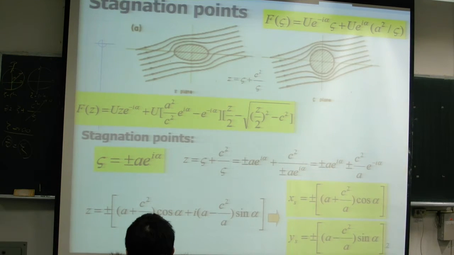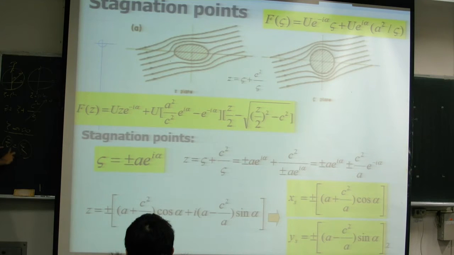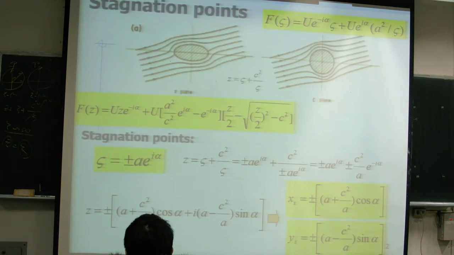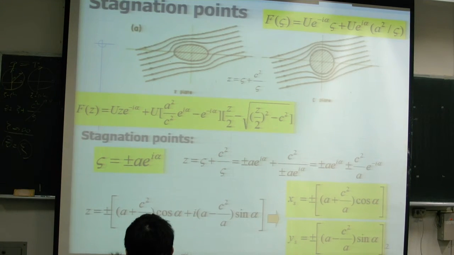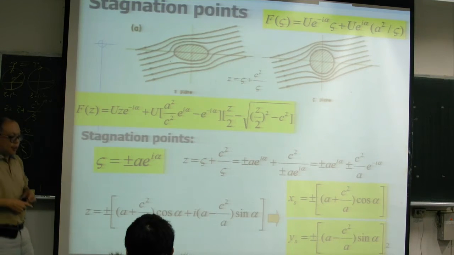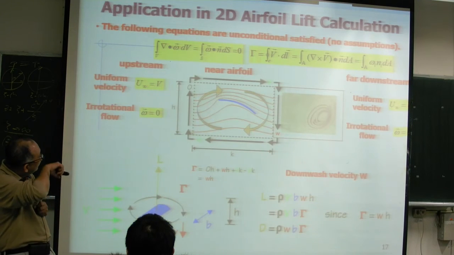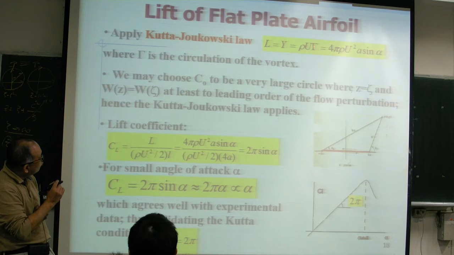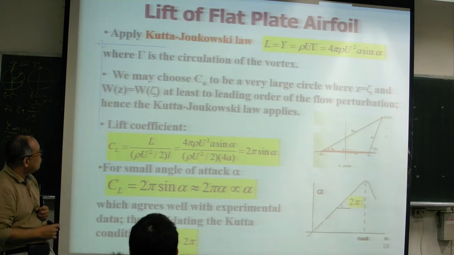When zeta approaches infinity, z is almost exactly the same as zeta. So the circulation of the flow is the same, so we don't have to change the circulation. That's another proof we can do it. It also tells you that the circulation through a transformation doesn't have to change. So this lift will stay the same through the transformation.